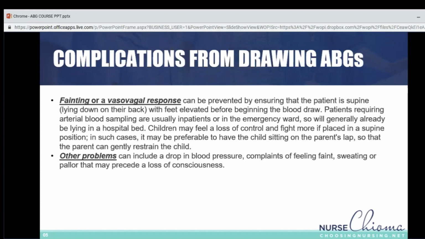Children may feel loss of control and fight more if placed in a supine position. In such cases, it may be preferable to have the child sitting on the parent's lap so the parent can gently restrain the child. Other problems can include a drop in blood pressure, complaints of feeling faint, or sweating or pallor that may precede a loss of consciousness.